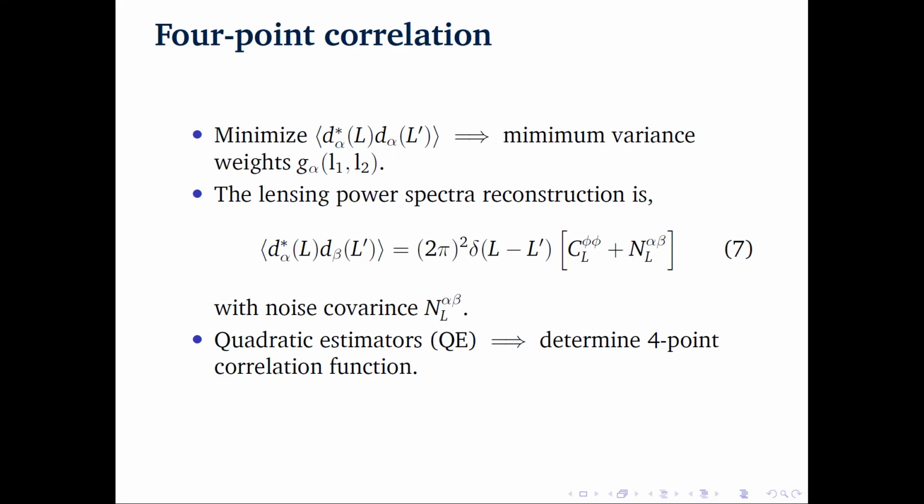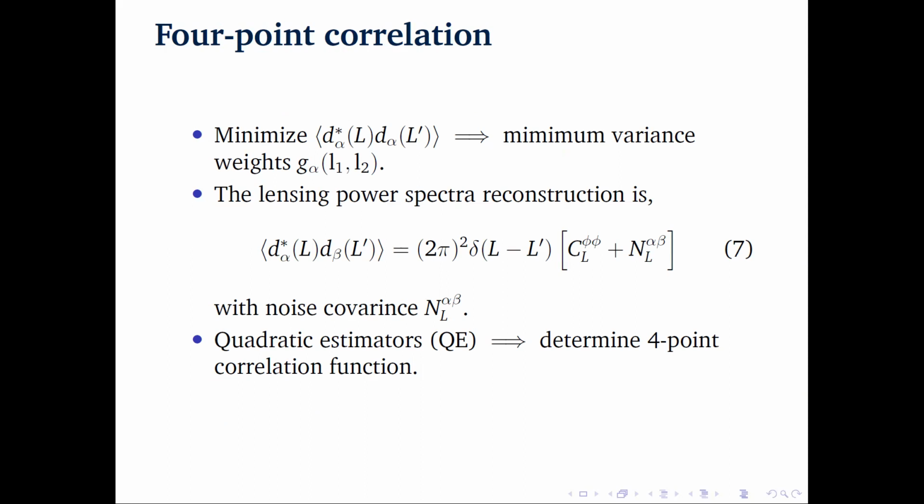To estimate the power spectrum of the lensing potential, we take such quadratic Okamoto and Hu estimators and contract them with each other, and we get the lensing power spectrum. But we also get a reconstruction bias along with it, because there will be some disconnected parts in the contraction.